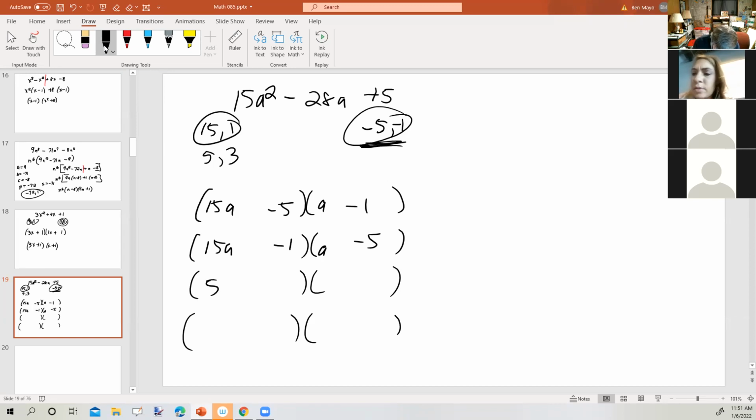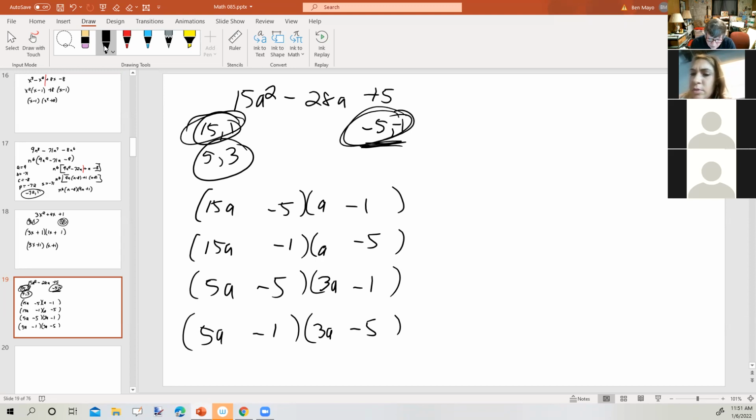But I could also have this possibility, or that possibility. So I'm taking one of these and one of those, and then the other of these with the other of those, and then I'm switching them around. So I've got all the different possible combinations. Before I go on, do you see where I got all of those?